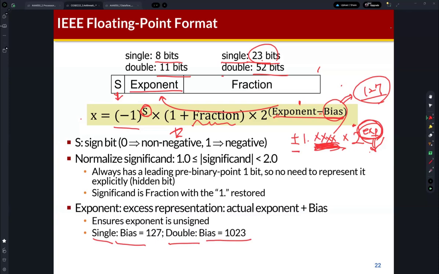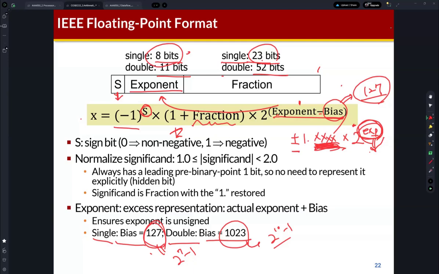So this is 2 to the power of 7 minus 1, and this is 2 to the power of 10 minus 1. Instead of 2's complement, we use the bias number to represent the negative numbers.